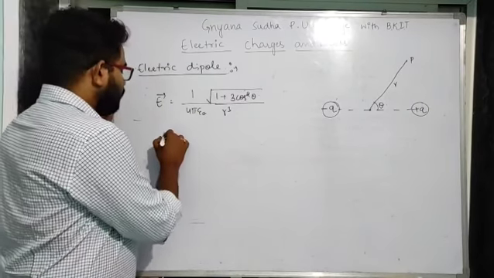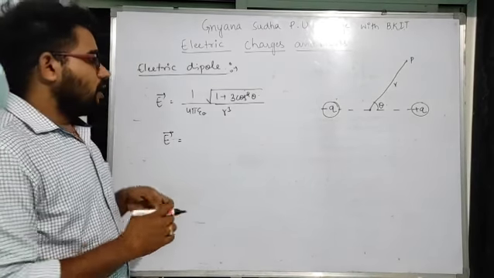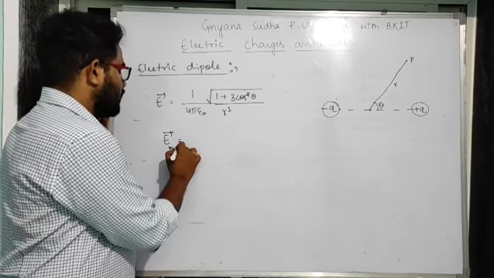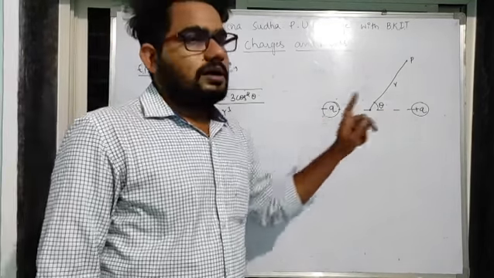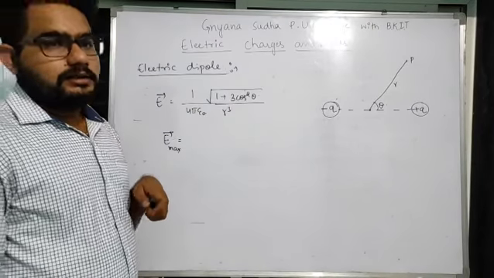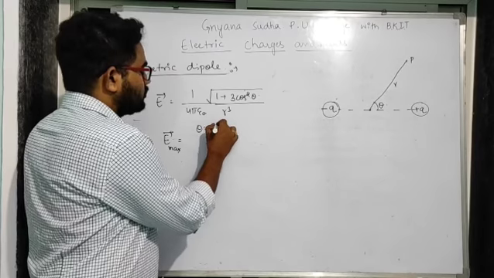Now, when will our field be maximum in an electric dipole and when will it be minimum? Maximum means when theta becomes 0, our cos will become 1, right? So I am taking the first case theta is equal to 0.